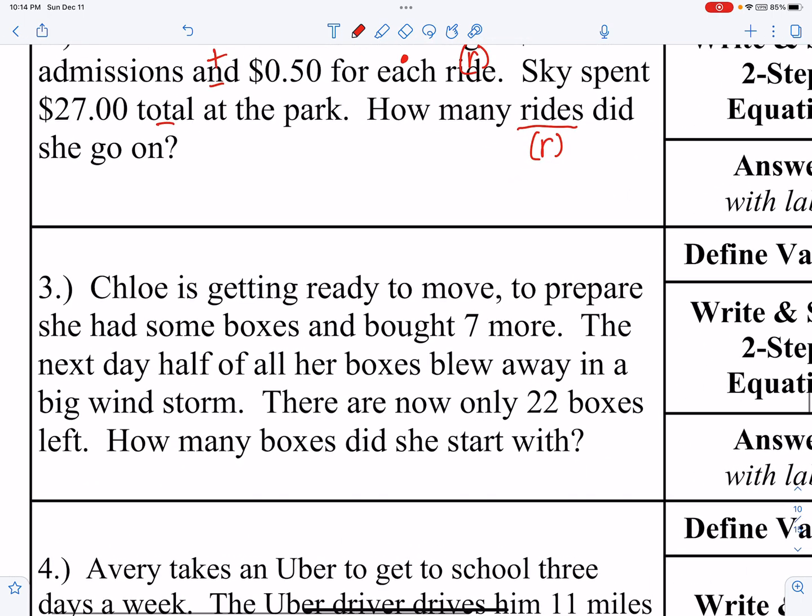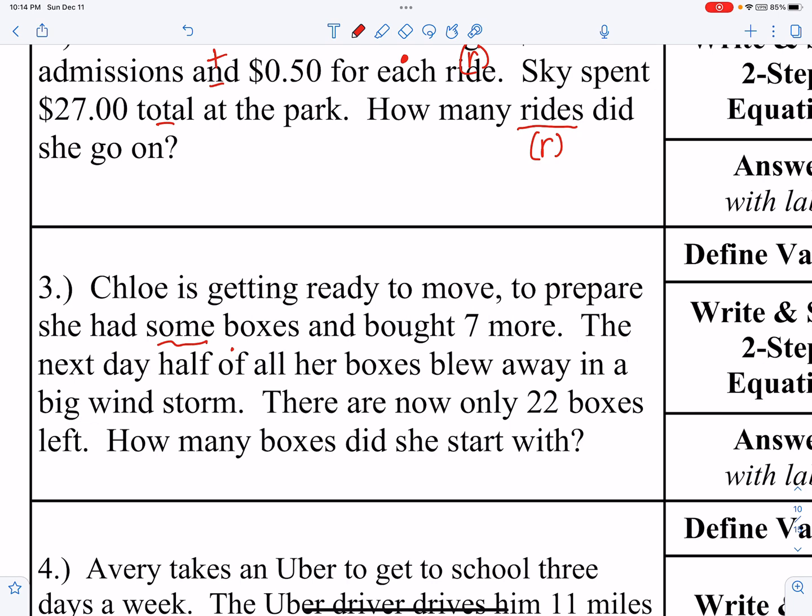Here we go. Chloe's getting ready to move. To prepare, she had some boxes, which is interesting. Listen to that language. She had some boxes and bought 7 more. A lot of times this can end up being your variable, but let's see. Bought 7 more sounds like adding 7 more. A lot of times "and" means add, but again, keep reading. The next day, half of her boxes blew away in a big windstorm. Half is a fraction, and half of the boxes typically means multiplication here.